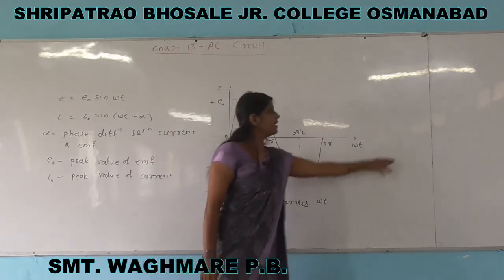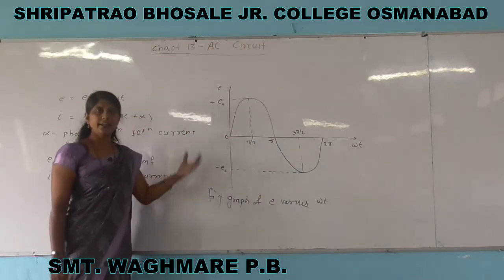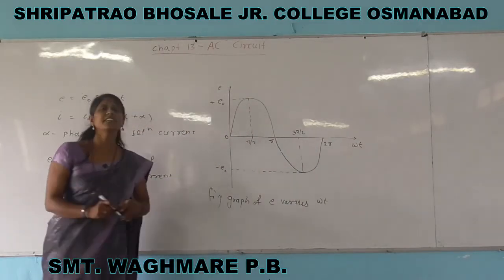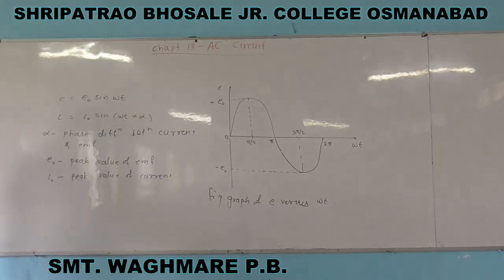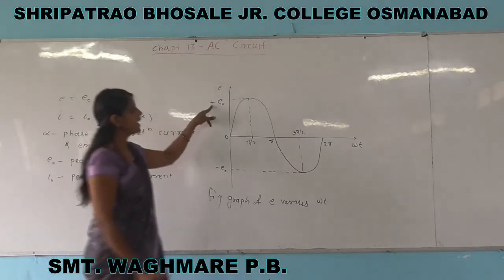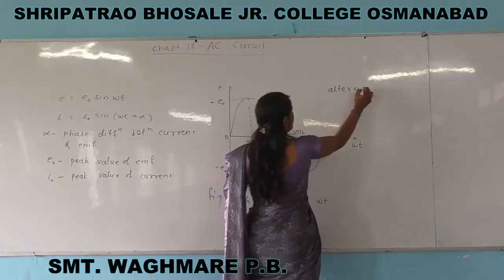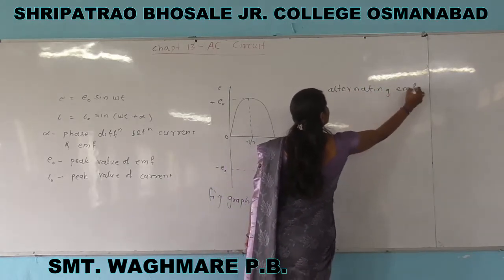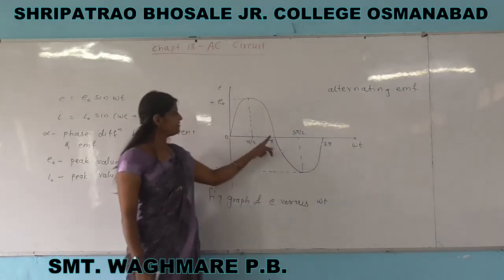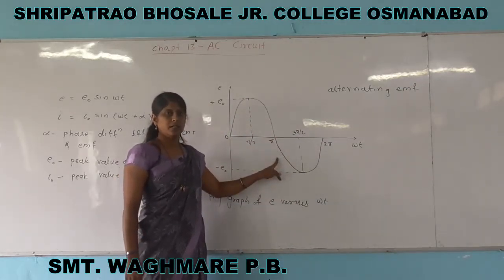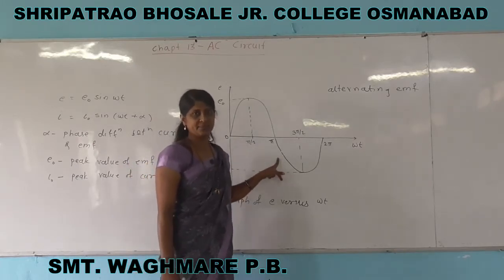This cycle then repeats, and every half cycle the direction of EMF reverses, from positive to negative, then negative to positive, again positive to negative. This type of EMF is called alternating EMF, because after every half cycle the direction of EMF changes.